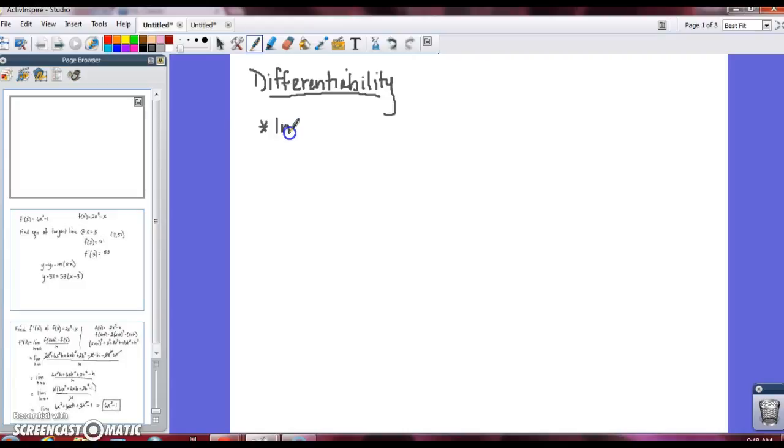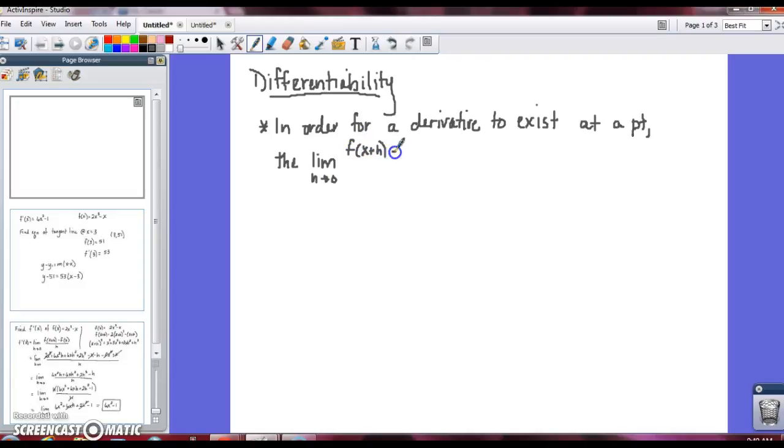So, in order for a derivative to exist at a point, the limit as h goes to 0 of f of x plus h minus f of x over h must exist.